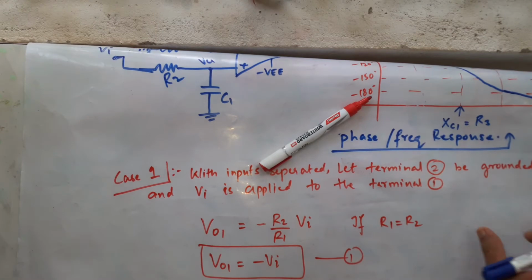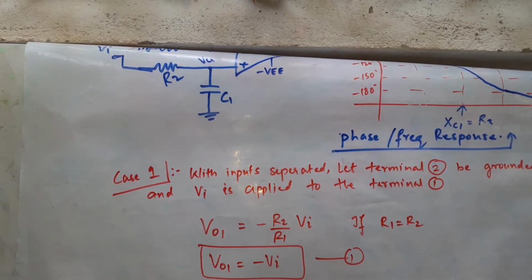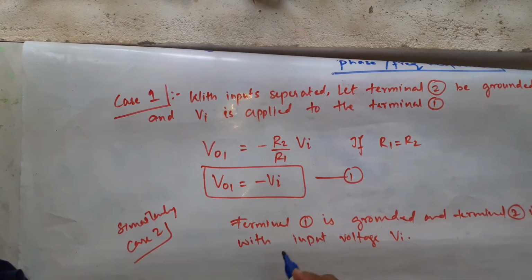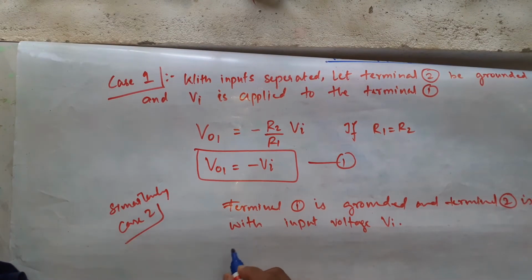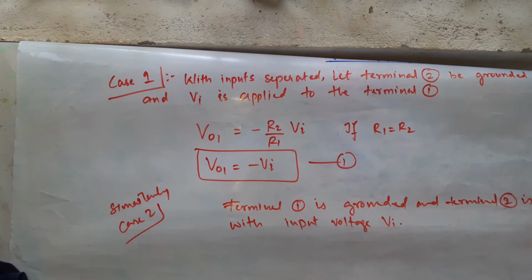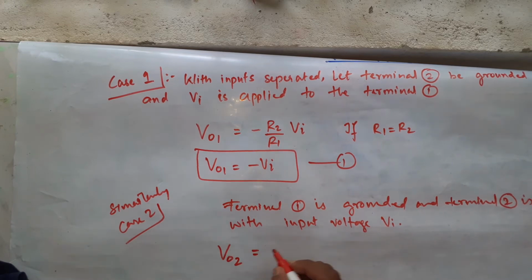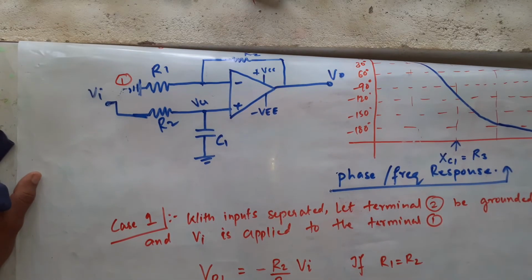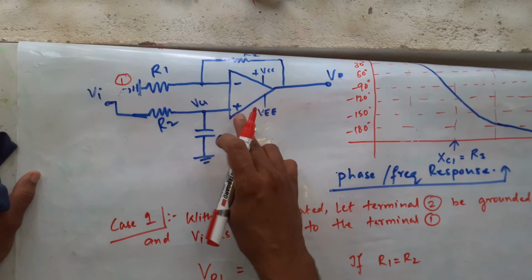Now for this, what will be our output? We have to understand. How do we write the output here? That is output 2, because terminal 2 is provided with input. Now this input is given to the non-inverting terminal.